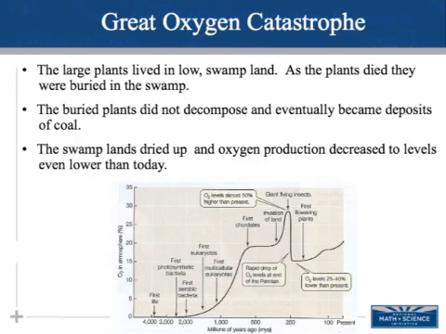What happened with this great oxygen catastrophe is that about 250 million years ago, about 90% of all the marine species were wiped out, and a huge portion of plant, animal, insect species on land.